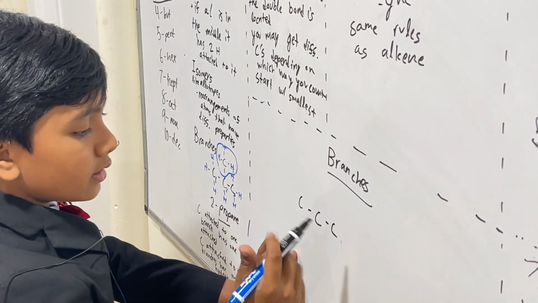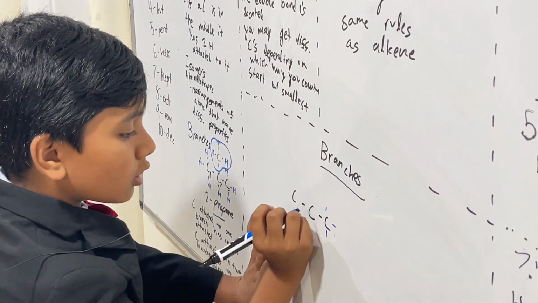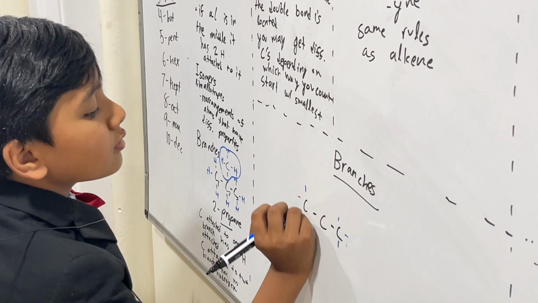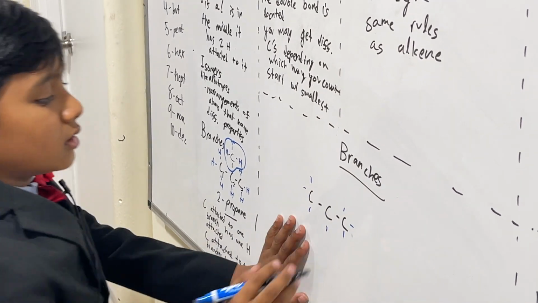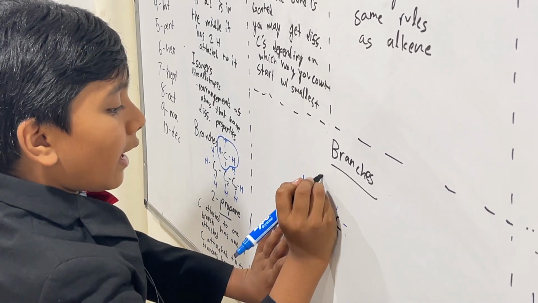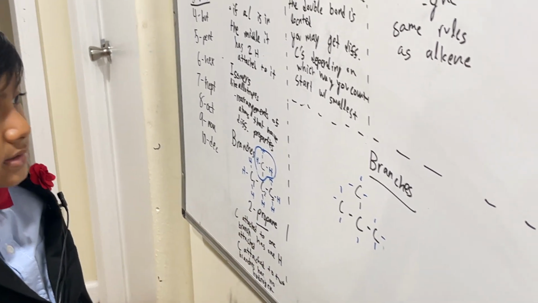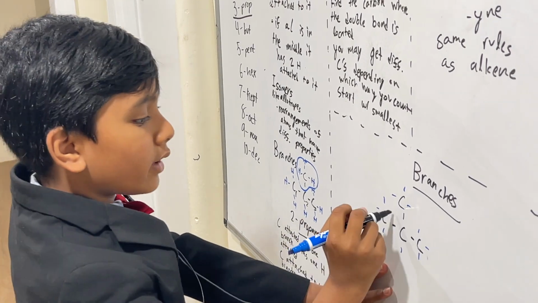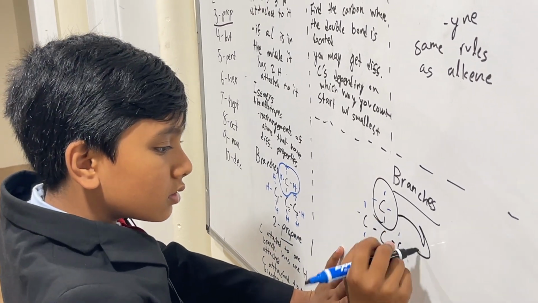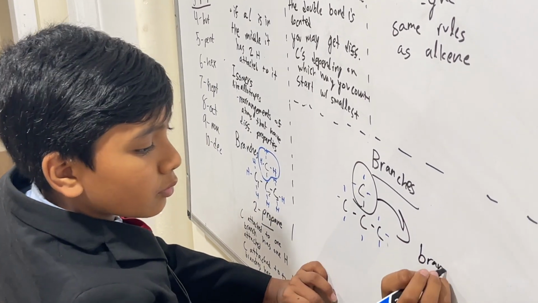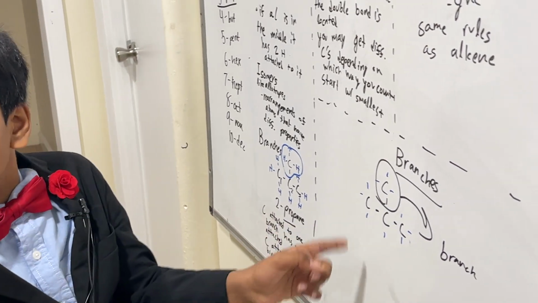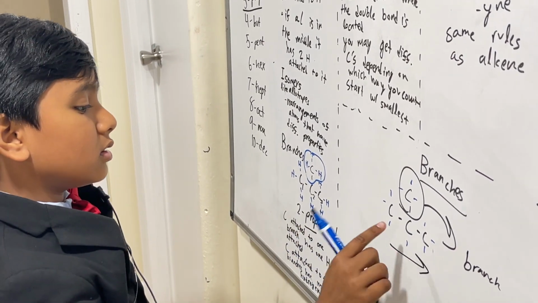So anyway, branches are, let's say you have C, and you know what? I'm just going to draw these. I'm not going through the effort of drawing all of the hydrogens. So then you have C, and you have this branch right over here. So this is what a branch looks like. It diverts off of the main carbon chain.